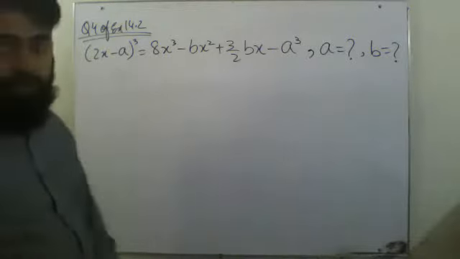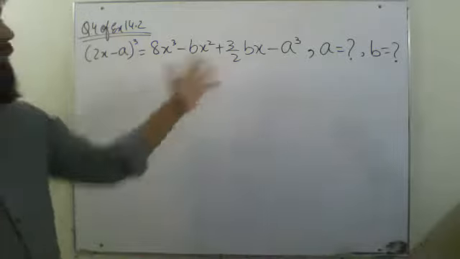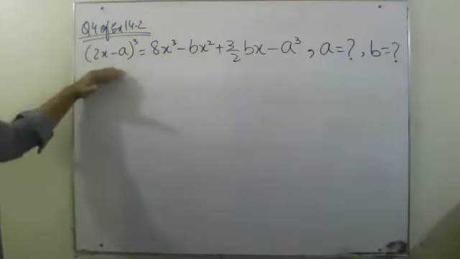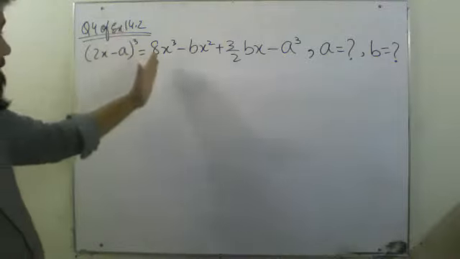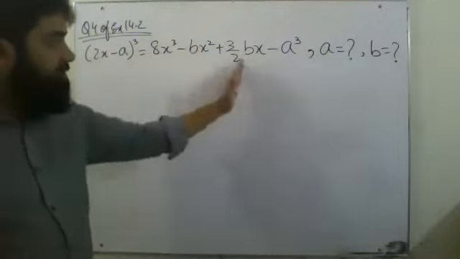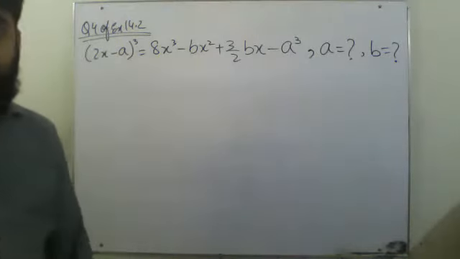Now, how will I do it? I know that if I expand this and compare my first term with this one, second term with this one, third term with this one, and fourth term with this one, I will have my answers.